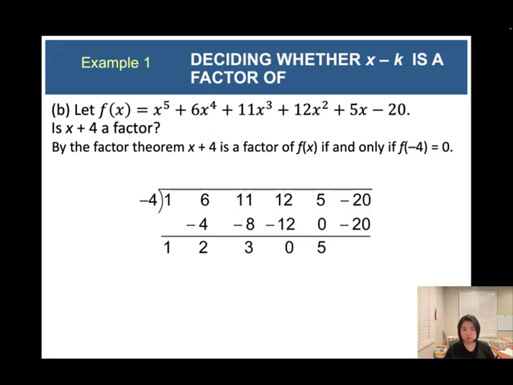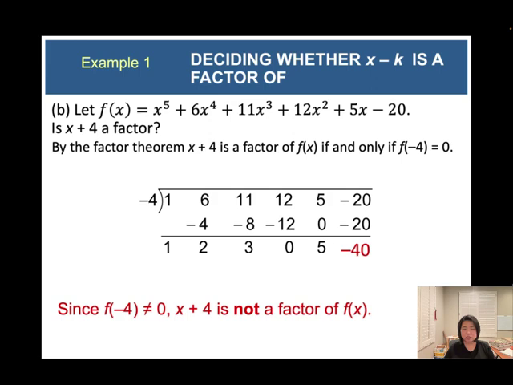You should get negative 40 as your remainder. Since f of negative 4 is not equal to 0, x plus 4 is not a factor.